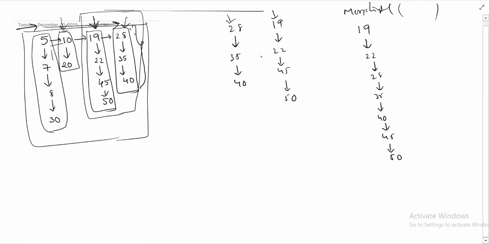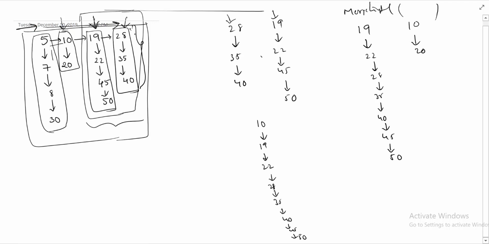This is the return of these two sorted lists. Now we need to merge this list with 10 and 20, and the merging will in turn return 10, 19, 22, 28, 35, 40, 45, and 50.